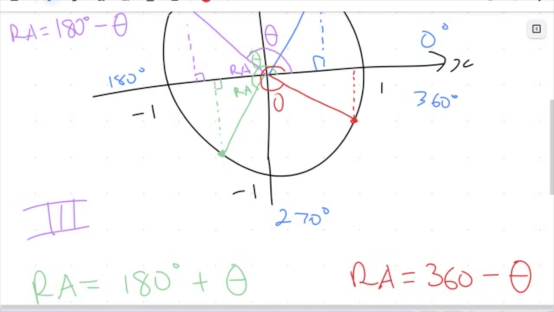So whatever my theta is, this big reflex angle, I can find what my little reference angle in here is going to be by taking the difference between 360 and my angle theta. And this is going to allow me to work in the fourth quadrant.